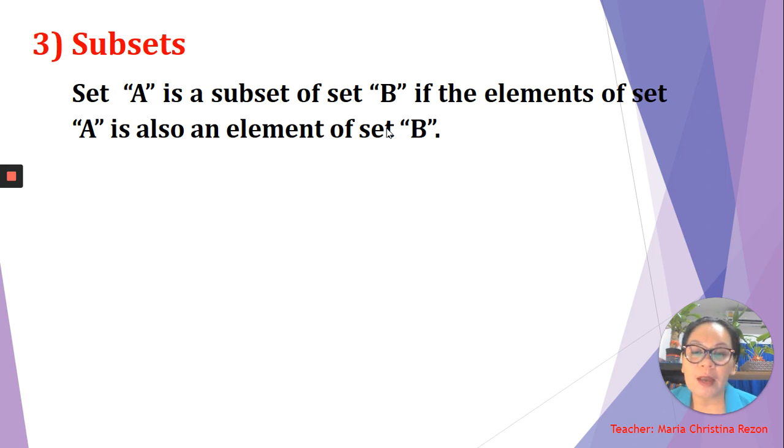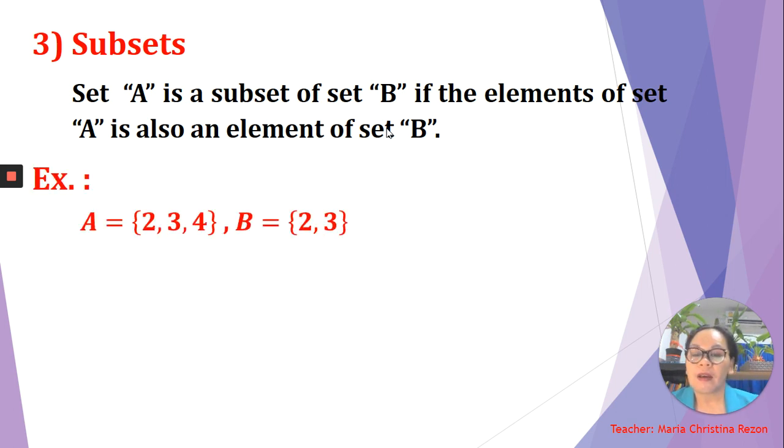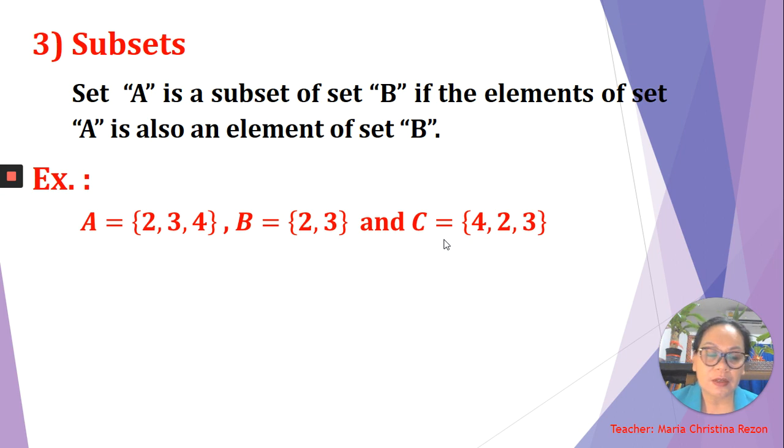We'll have some examples here to clarify this definition. So you have A is a set of numbers 2, 3, 4. B is a set of numbers 2, 3, and C is a set of numbers 4, 2, 3.